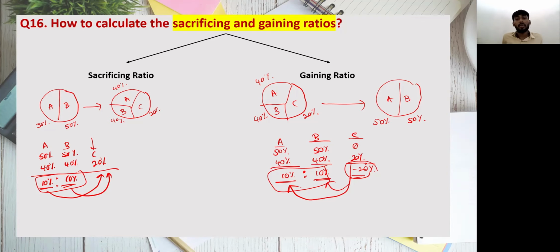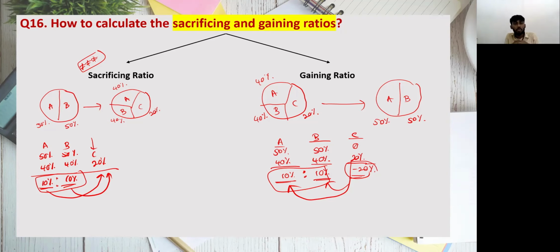Gaining ratio is calculated when an existing partner retires. In your past papers, the sacrificing ratio is heavily tested. So I will do a calculation relating to sacrificing ratio using the same method. By turning it up and down, you can calculate the gaining ratio also, so you can tackle the exam questions even for gaining ratio.